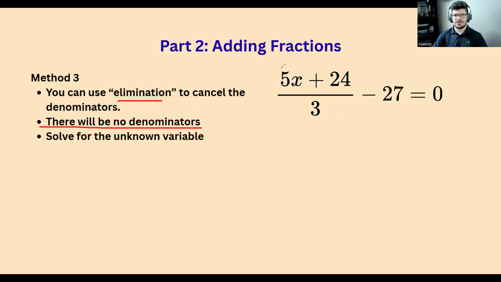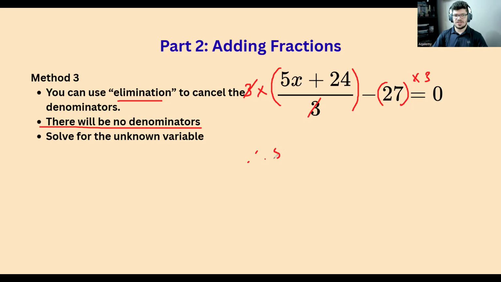So here's how you do it. Multiply it by 3. Also, whatever you do on that side, you must also do it with all the other terms or fractions in the equation. So this 3 will actually cancel this one out, which is great.